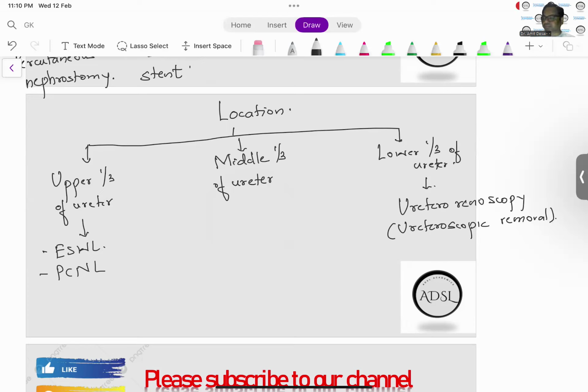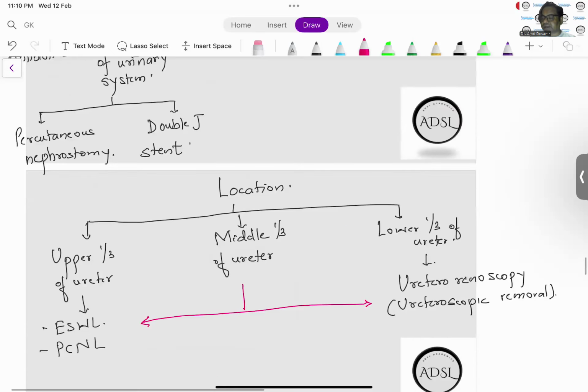What if it is in the middle third? You can treat it either way. If you are comfortable doing a ureteroscopy, you can do it, or you can push that ureteric calculus high up into the pelvis and then do either an ESWL or a PCNL. This is how you will treat.